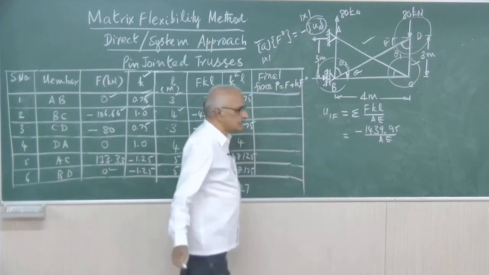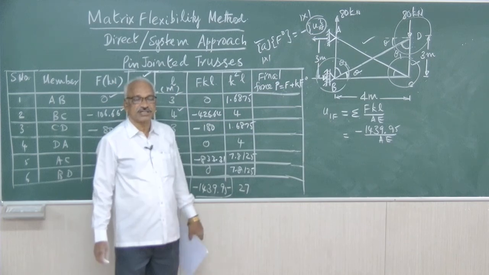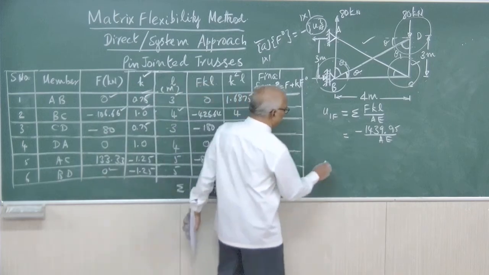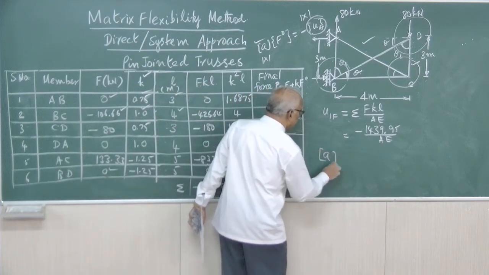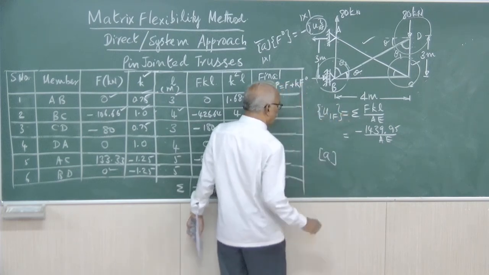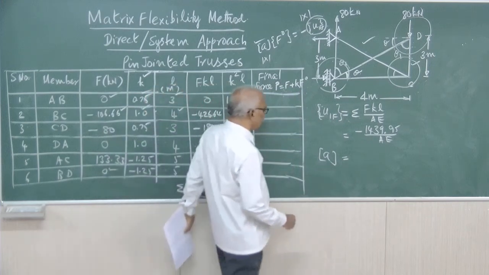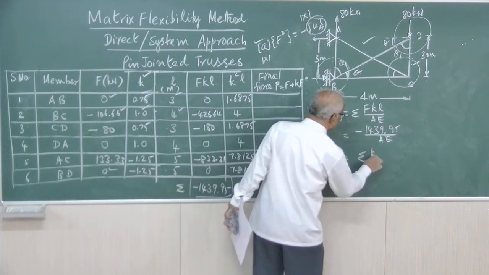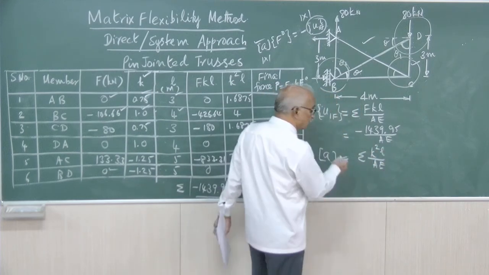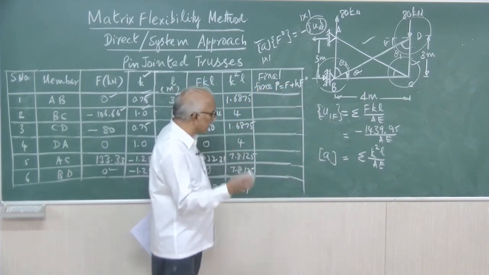So A is the displacement along the redundant direction due to the application of unit value of redundant force. That value is equal to sigma k square L by AE, similar to m1 square dx by EI in the earlier problem.